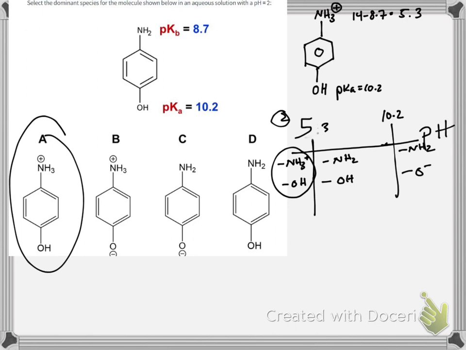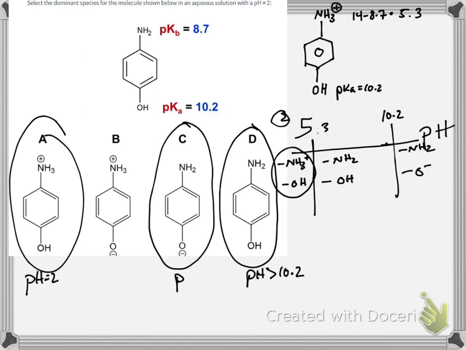So let's go through all the possible options here. Option A is going to be the case in which any pH is below 5.3. D is going to be the pH between, this is neutral nitrogen and OH.